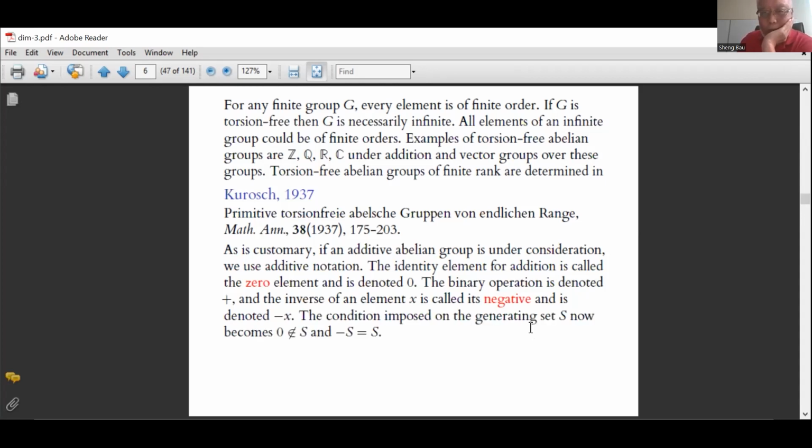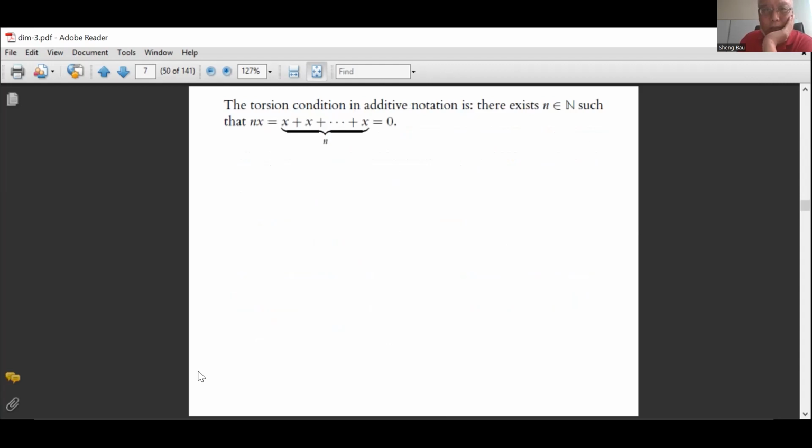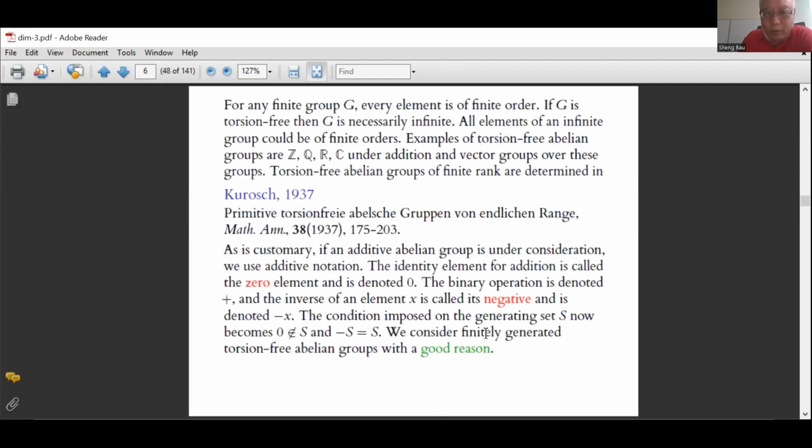The two conditions of the generating set become: zero is not in it, and it is closed under taking negatives. And the torsion condition becomes n times x is zero. Apart from the identity element, which you add n times to get zero, there's no other element which satisfies this condition. And we consider this with good reasons.